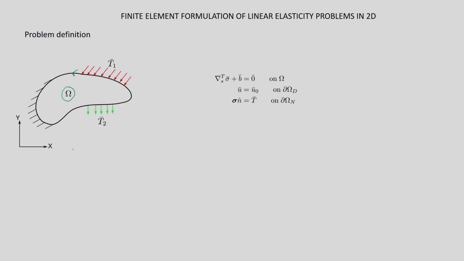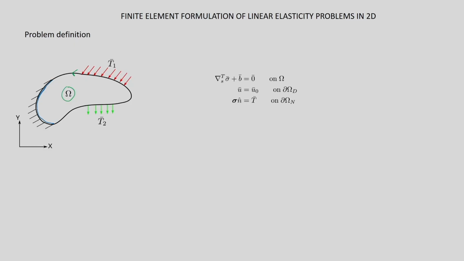In the thickness direction, that is in the z direction, we will assume the thickness to be 1, and this part of the boundary we will assume as it is constrained. Constrained means in this case the displacement is defined, so it cannot move maybe in the x and y direction in this portion of the boundary.